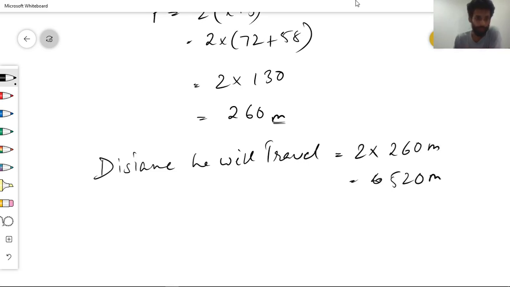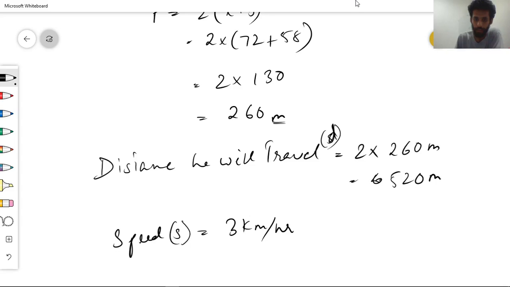Now speed is given. Let me take distance as D. The speed S given is 3 kilometer per hour. Now this one is in meter, this one is in kilometers. Can I convert this to meter?